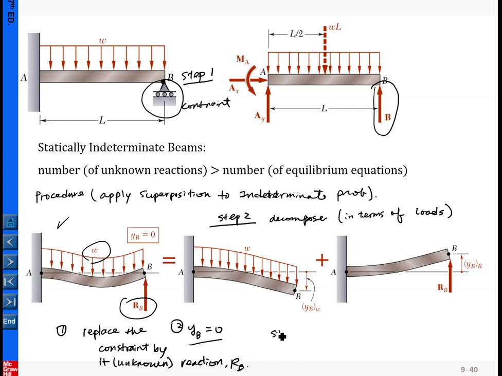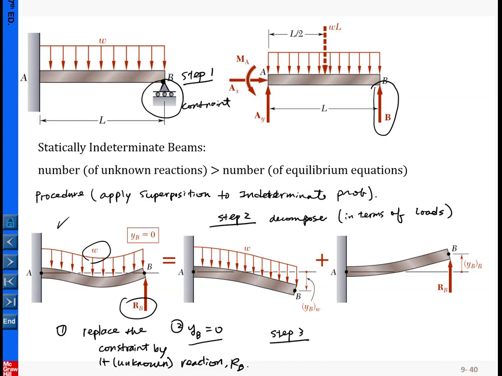Step 3, in particular, for each subsystem we focus on what's going on with the deflection at B. B is the support we picked.